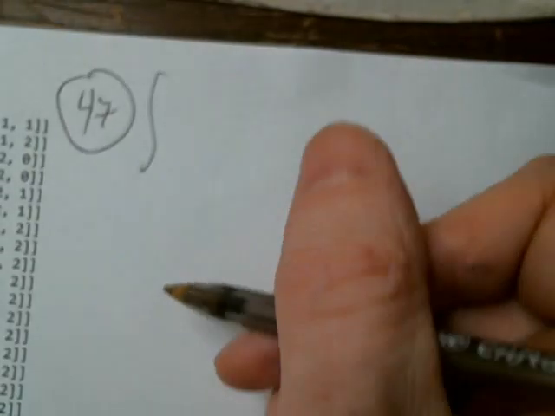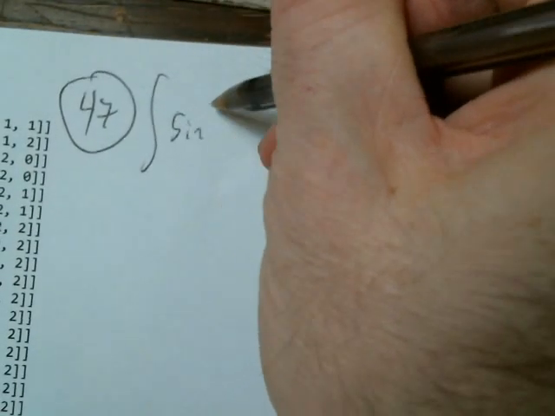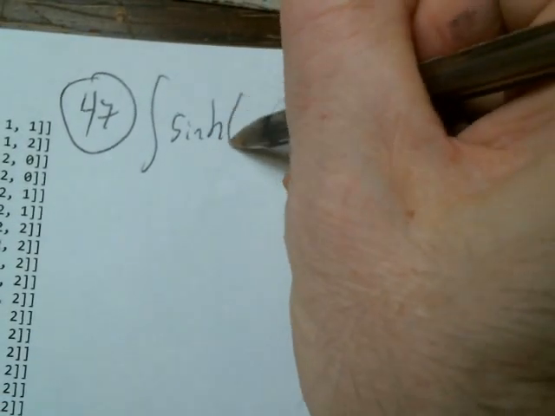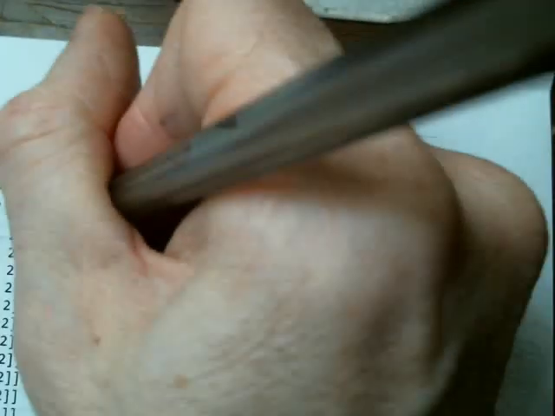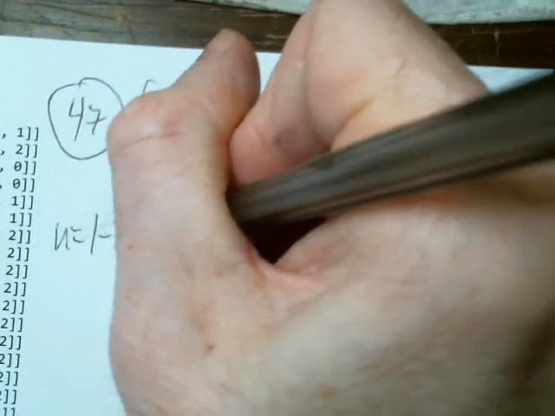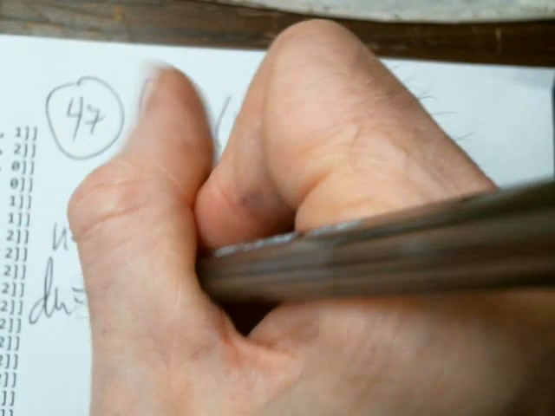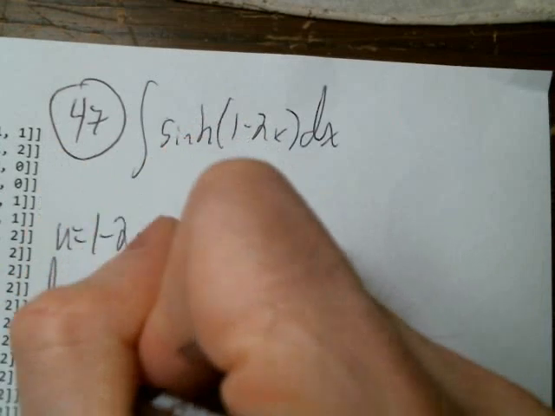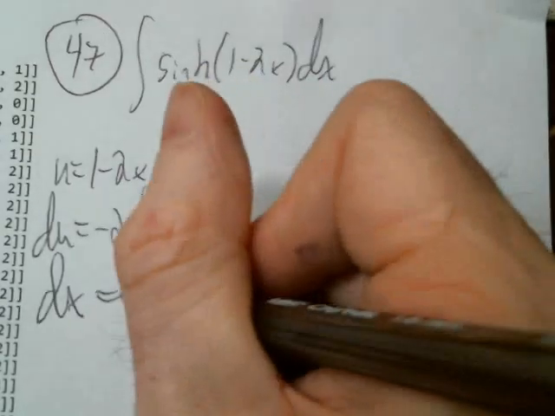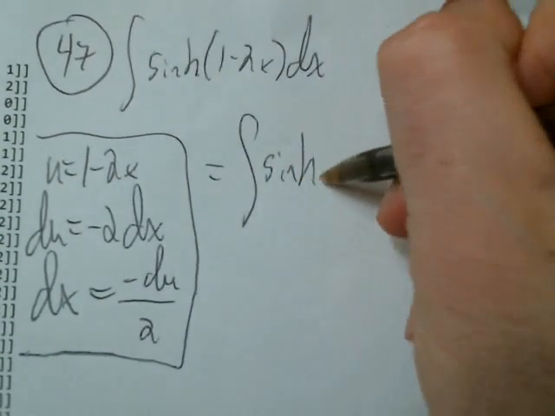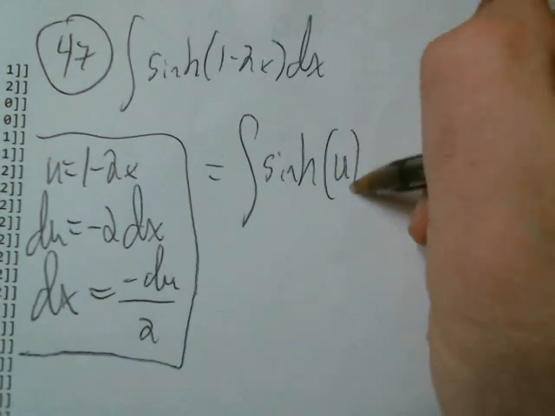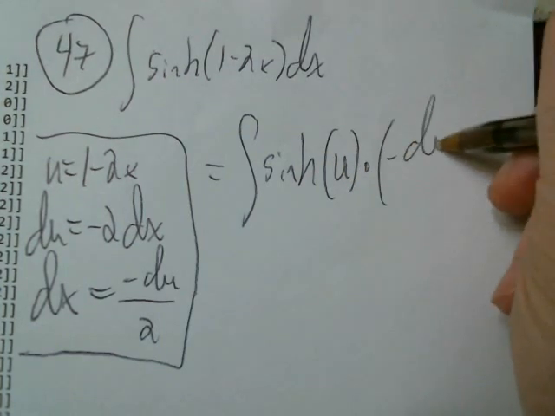Anyways, 47, the integral of sinh of 1 minus 2x dx. Looks like we'll need a u sub, so let u equal 1 minus 2x. So du is negative 2 dx. dx then is negative du over 2. So the integral of hyperbolic sine of u times dx, which is now negative du over 2.